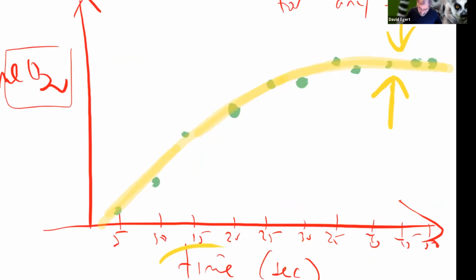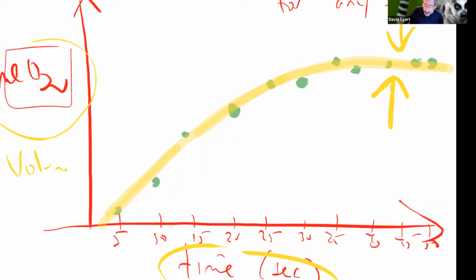This is looking at the time versus the volume of oxygen in one trial, right? There's no way you can tell if we're in saturation in one trial. You have to do multiple trials and see that the reaction rate isn't getting faster as you increase the concentration of the substrate.